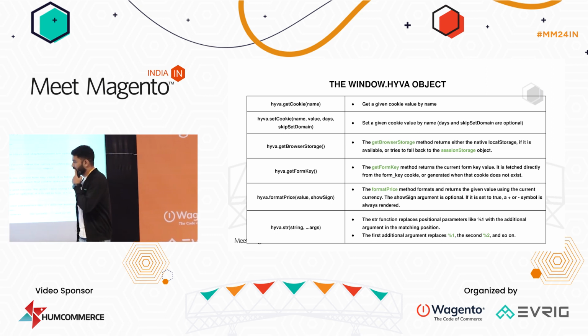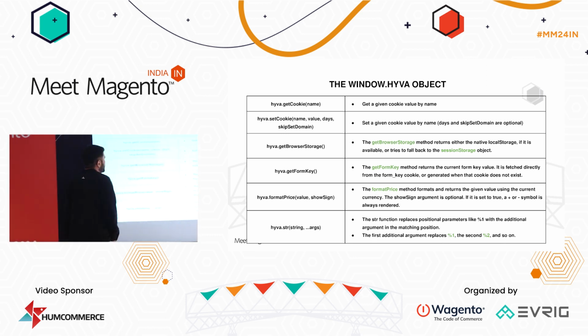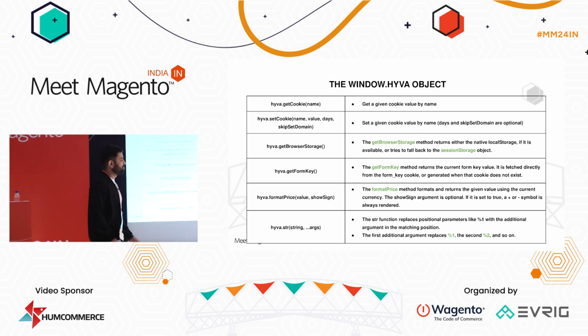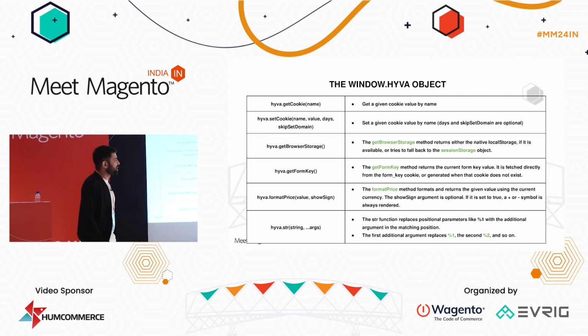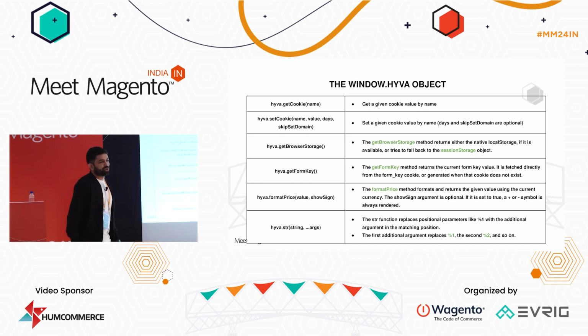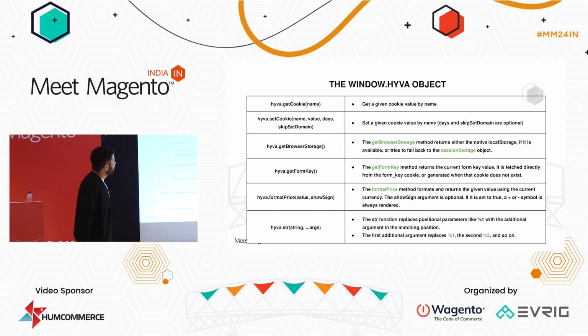And in the next slide, we are seeing the window.hyva objects that are available on all the pages for our custom functionality. We can set a cookie using Hyva.setCookie, and we can get browser storage if we need any private content of our browser storage, and also Hyva.getFormKey if we want to use the form key on our POST request.